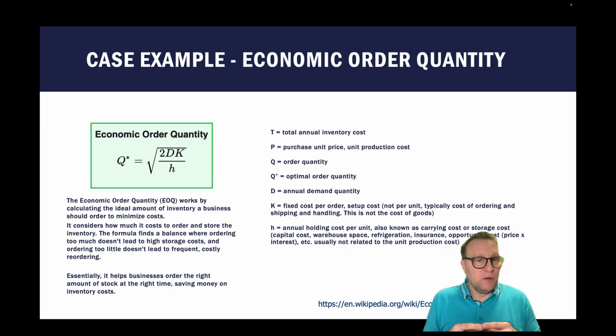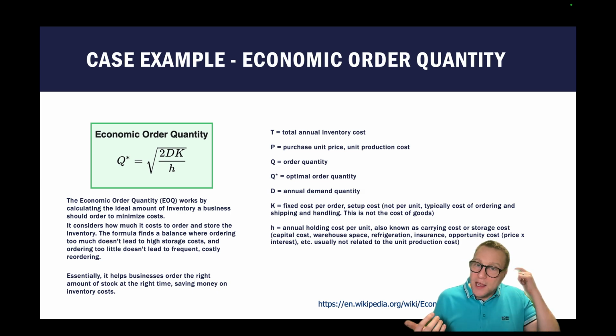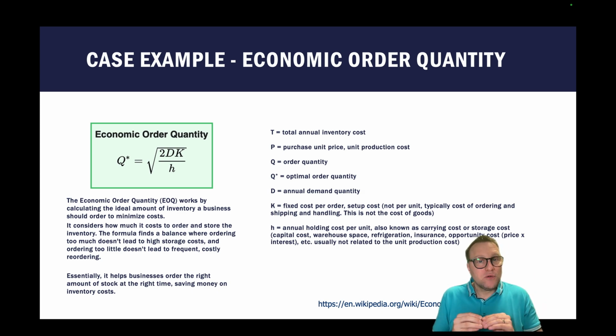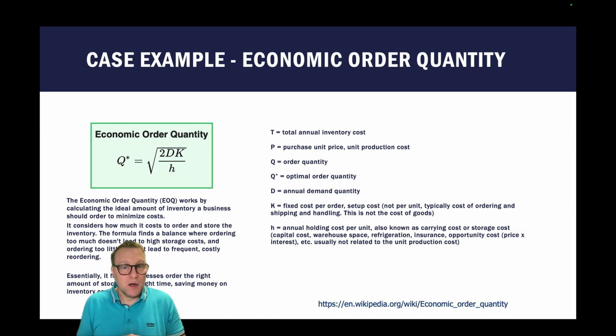I think it was developed in the early 20th century. It takes as input the total annual cost and the purchase unit price and unit production cost. These two things are not in the final equation because you're searching for a minimum. You can look it up on Wikipedia. It's classical how to derive it.